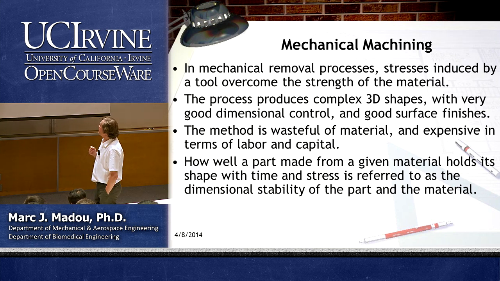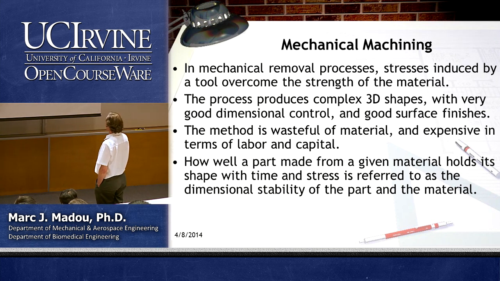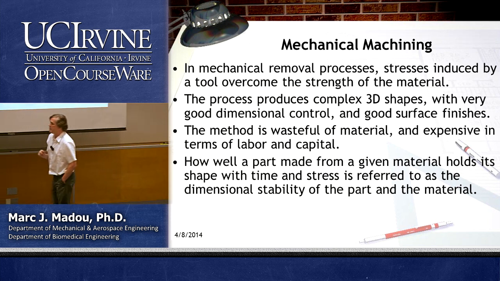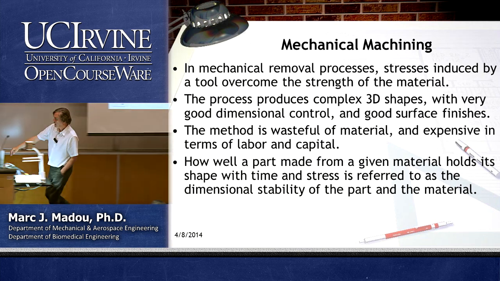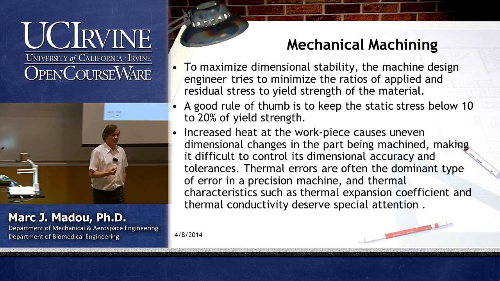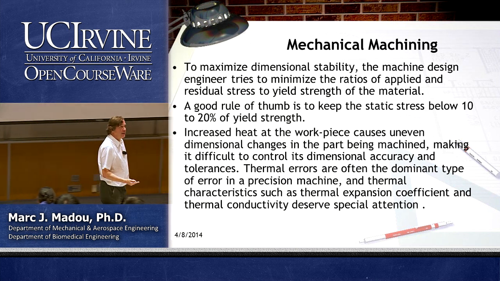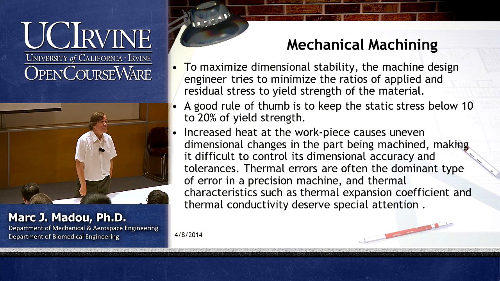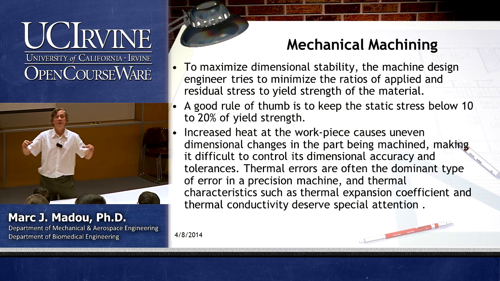How well a part made from a given material holds its shape with time and stress is referred to as the dimensional stability of the part and the material. And this is one of the reasons why you do machining. You have to be careful that, for example, your drill doesn't run too hot, because you might actually create something that is called a heat-affected zone.